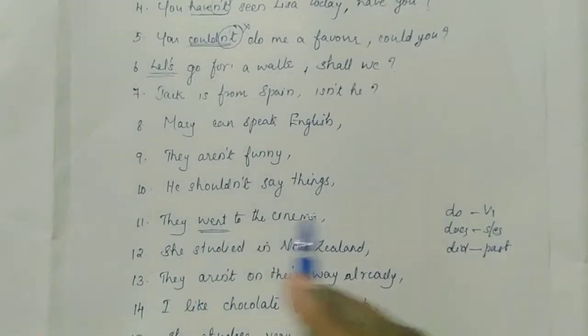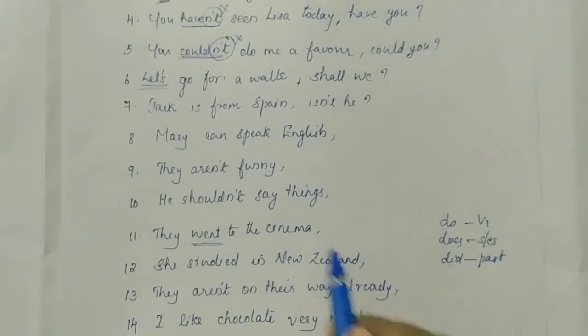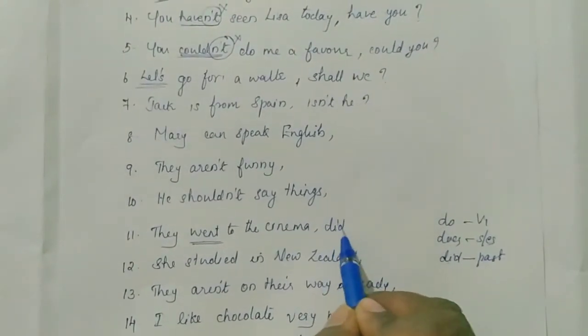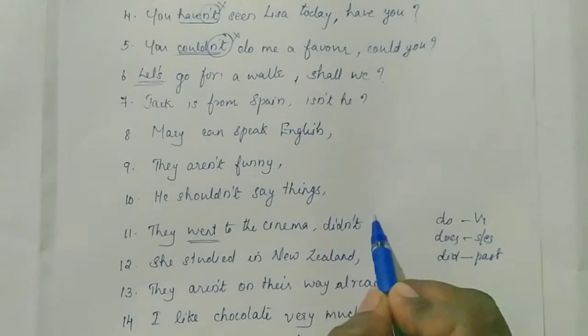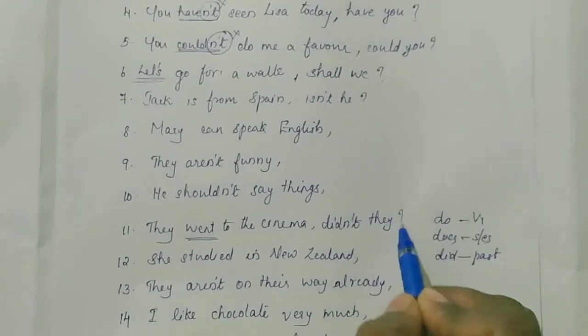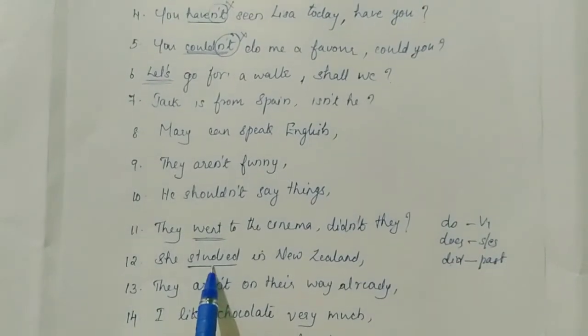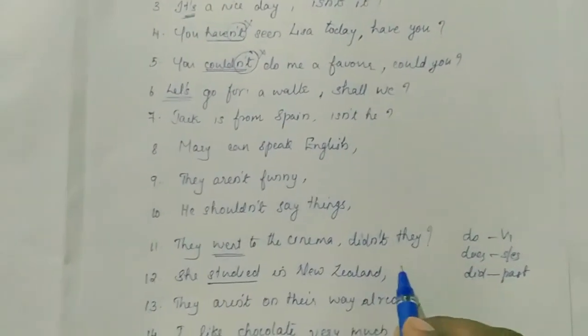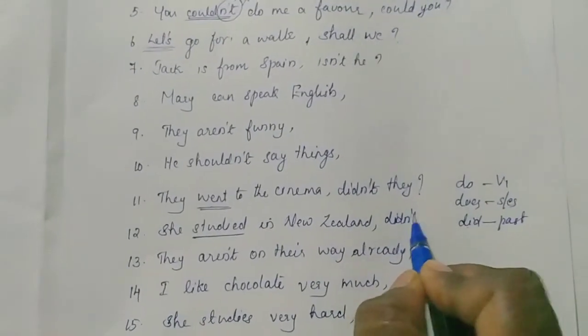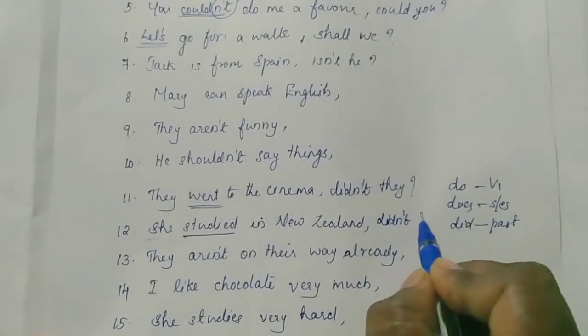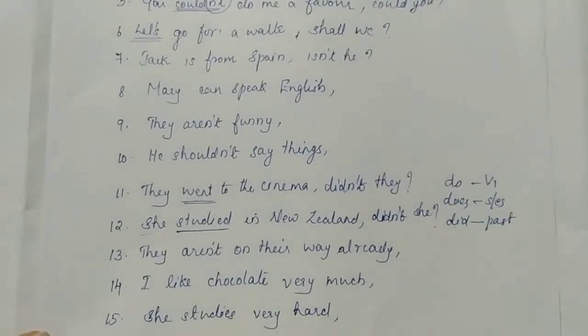It is past form. So take did, and the negative form: didn't they. Here one more: studied. Studied is past form, so did only we will take. Didn't. Subject is she. Didn't she.